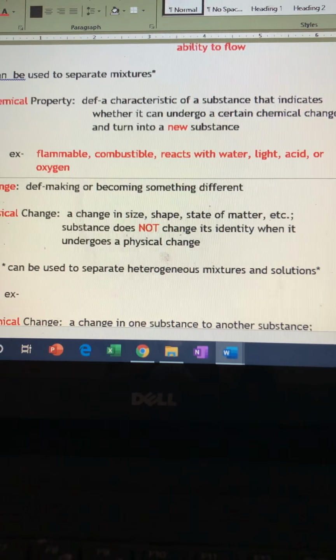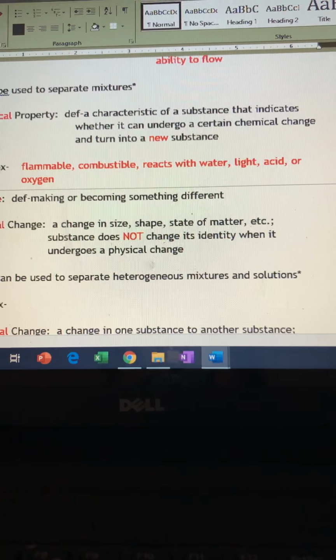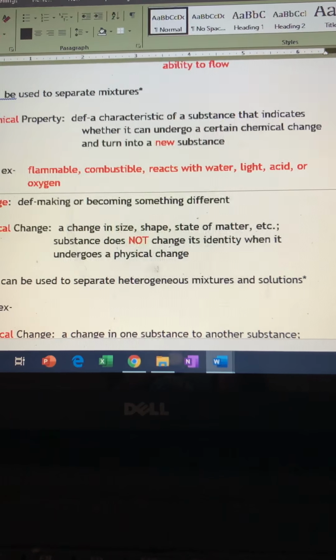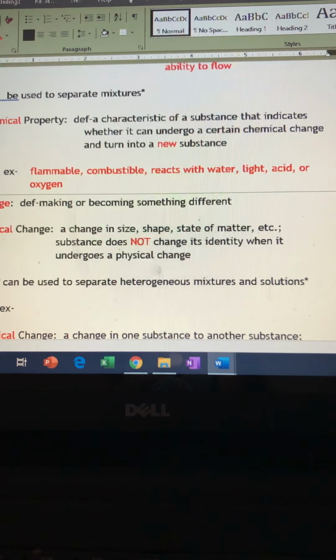Some things are reactive with light, like hydrogen peroxide we've talked about before. It's usually found in a brown bottle. A lot of your medicines are found in brown bottles. It's not because brown is cheaper to manufacture. If that were true, then everything would be in a brown bottle. But it is because it keeps out the light.